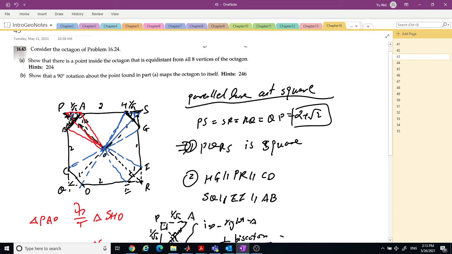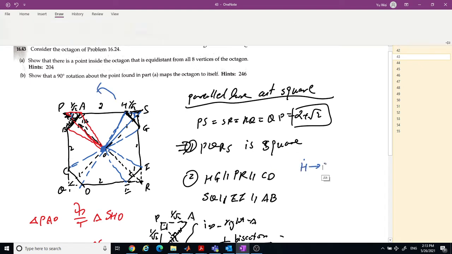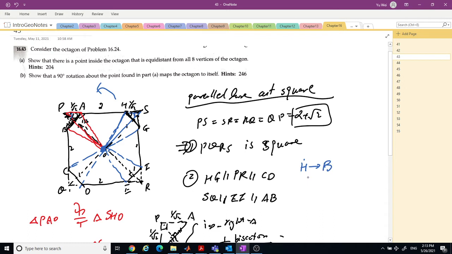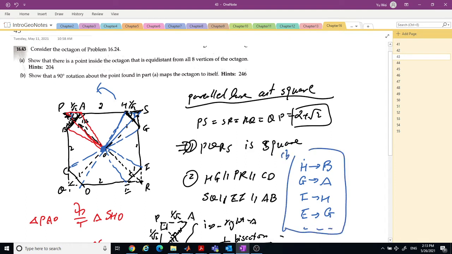After a 90 degree rotation, for example rotating in this way, H maps to B, then G maps to A, then F maps to H, and E maps to G, and so on and so forth. We want to prove that this is B.